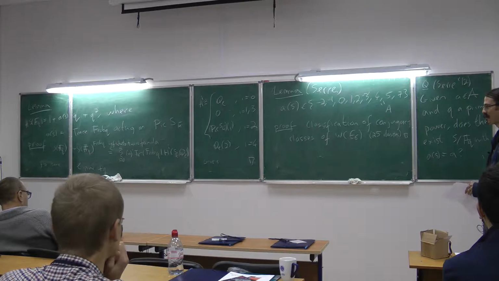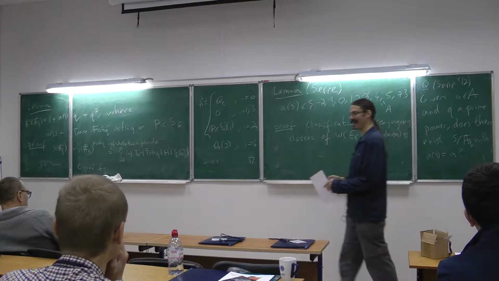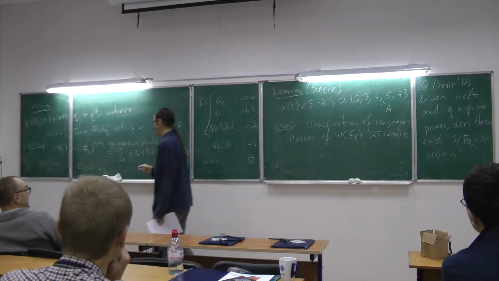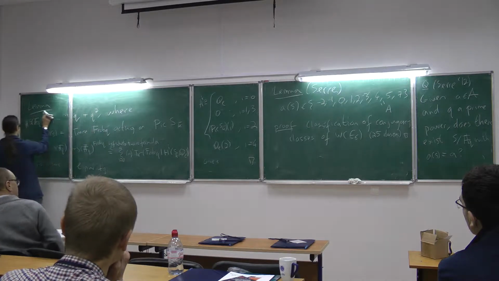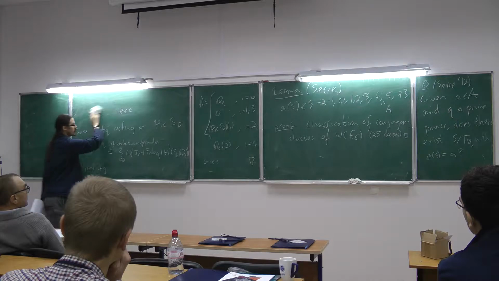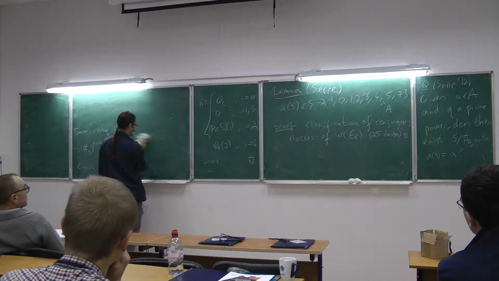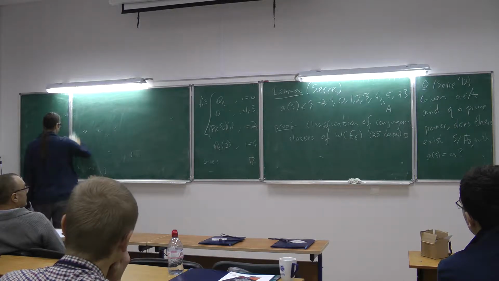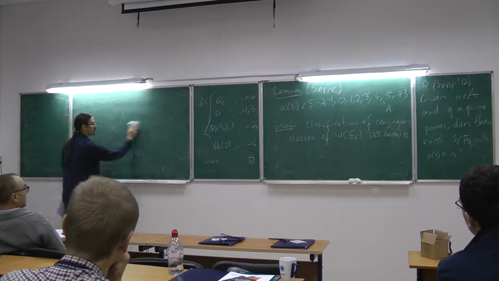The answer is no, but Serre knew this because there's finitely many cases you have to rule out where it doesn't happen. But what you want is obviously a complete classification of all possible traces of Frobenius over finite fields.